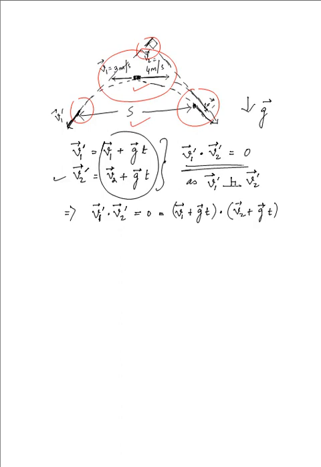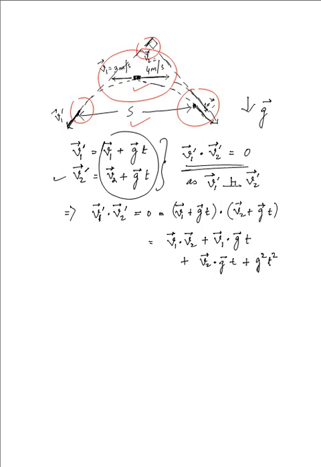With that done and dusted, what we have is v1 dot v2, plus v1 dot g times t, plus v2 dot g times t, and finally plus g squared t squared.